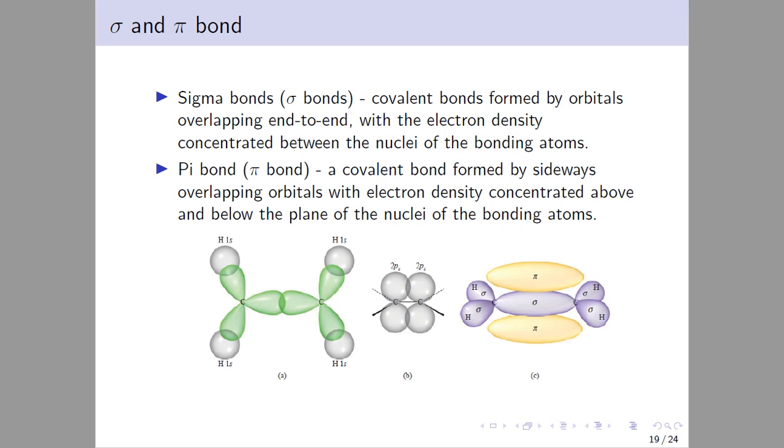Okay, and here we also have the sigma bond and pi bond. Sigma bond is a covalent bond formed by orbital overlapping end to end, with electron density concentrated between the nuclei of the bonding atoms. So these are sigma bonds and these are the pi bonds. The sigma bond is much harder to break than the pi bond.